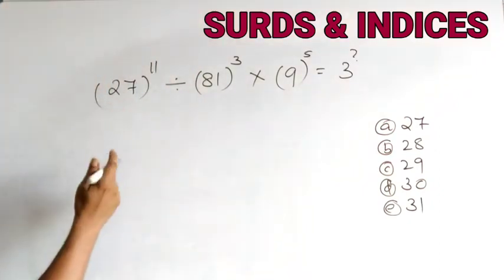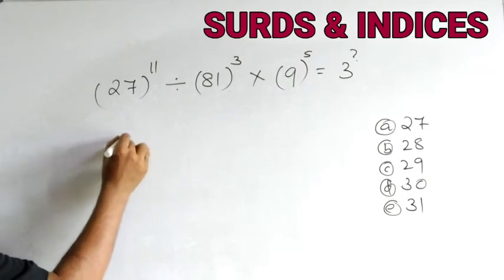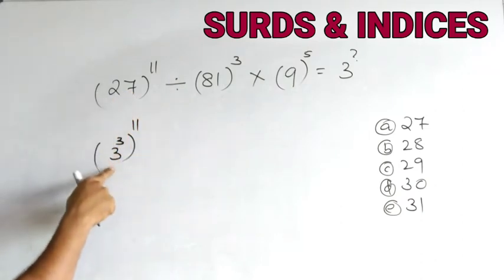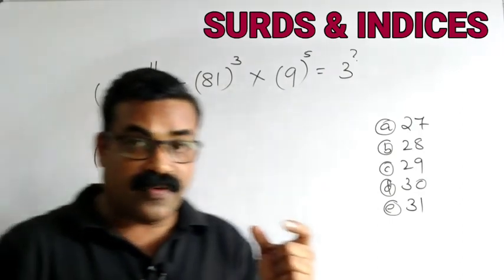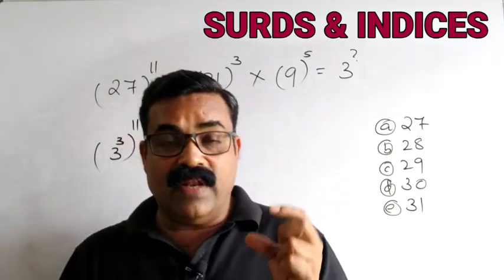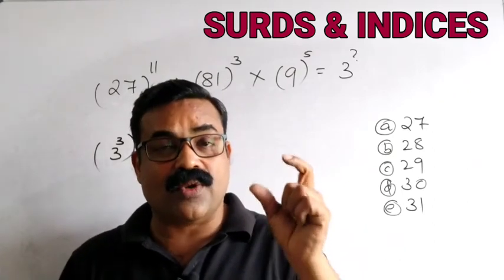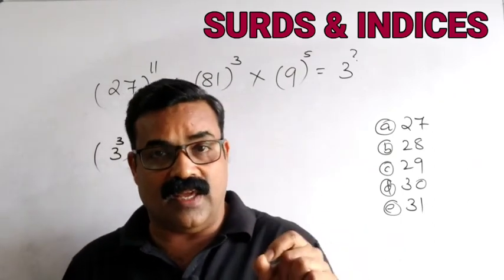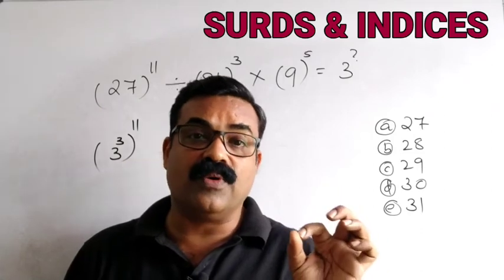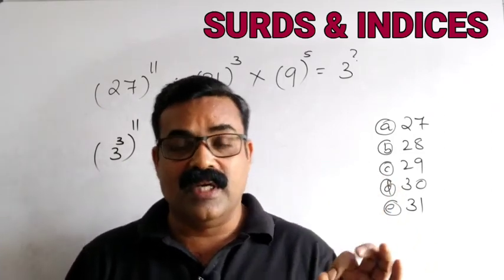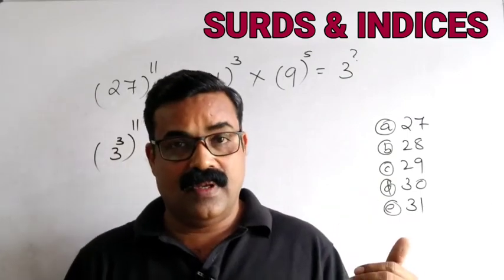27 is what? 27 is 3 cube. 3 cube power 11. That is why I told you in the previous video, whenever you prepare for your competitive exams, the square and square root of numbers up to 30 and the cube and cube root of numbers up to 15, 16, you should remember before going to the exam.